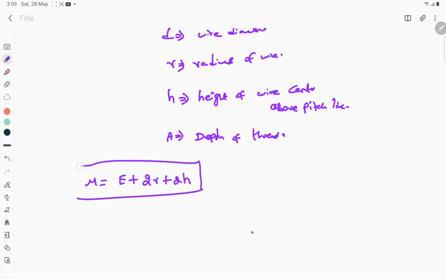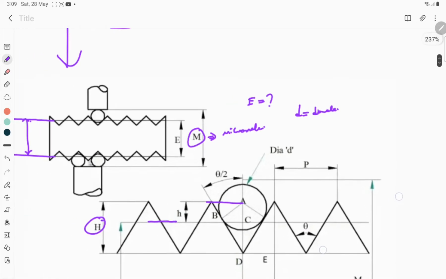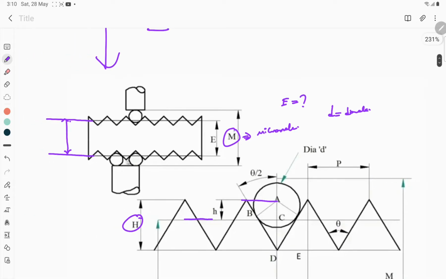You can see here, this m distance can be found by summing the effective diameter, the radius of the wire, this radius of the wire, and then 2h, two times the height of the wire center above the pitch line.